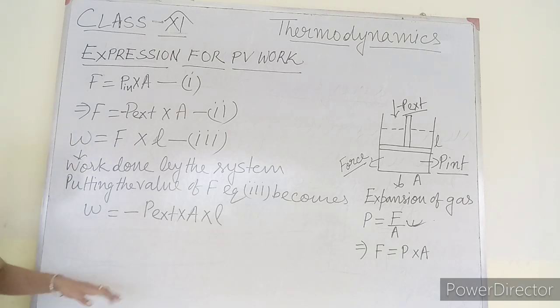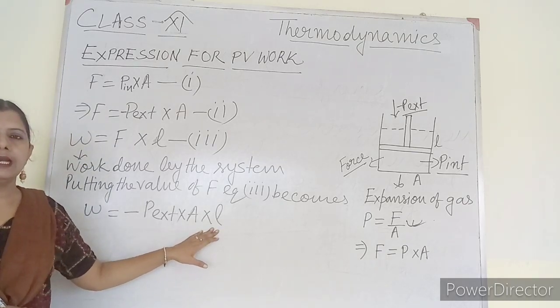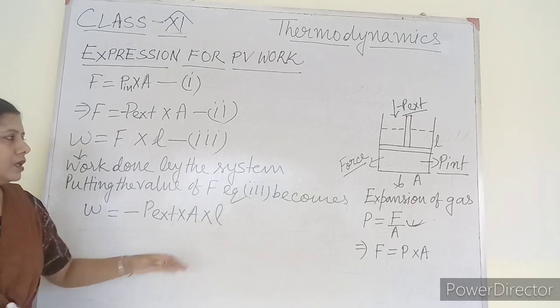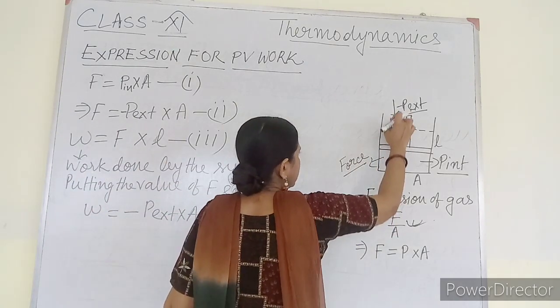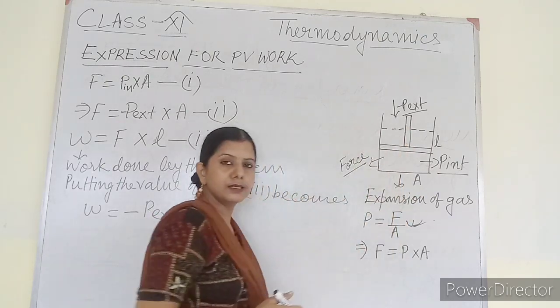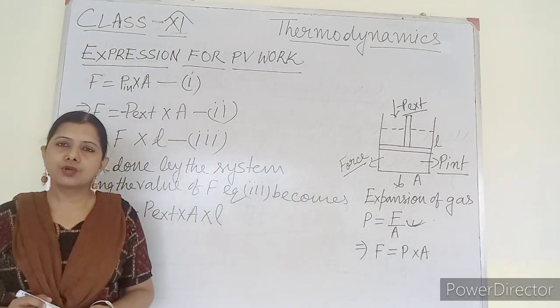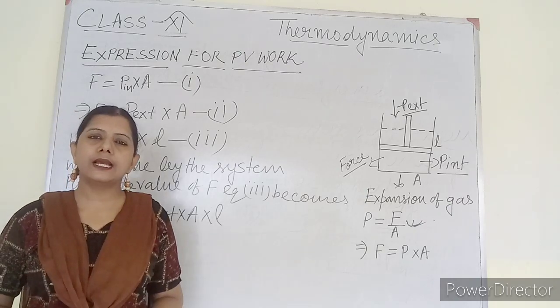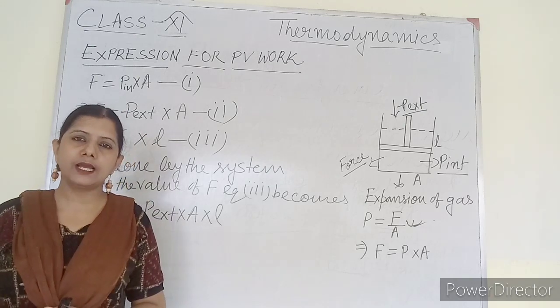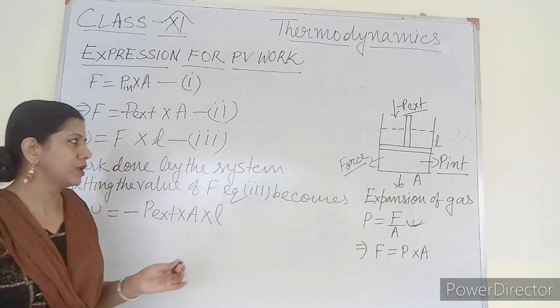Now we know that area into length is volume. This much is the increase in volume. Previously this was the volume, now this much increase in volume has occurred. So A into L is the change in volume.